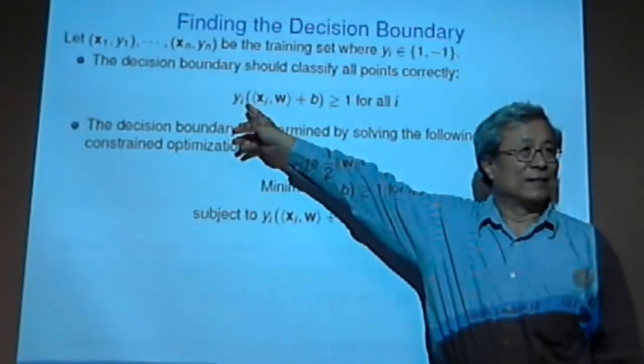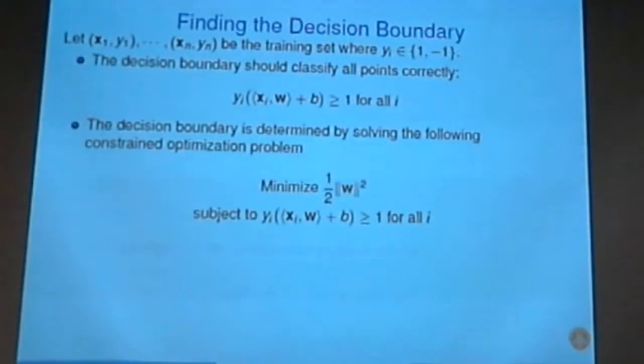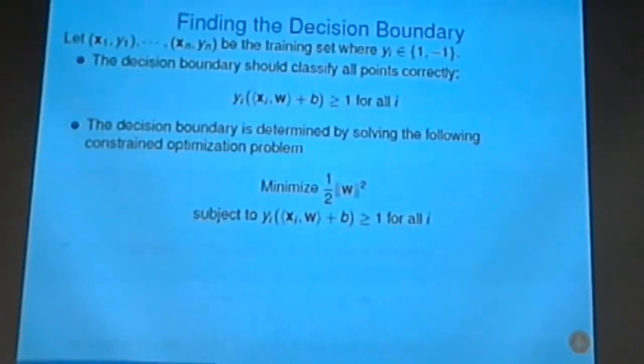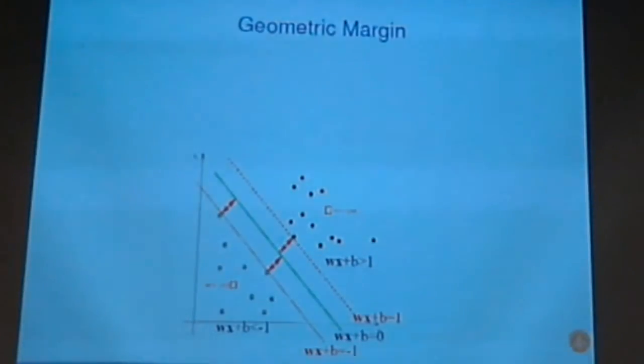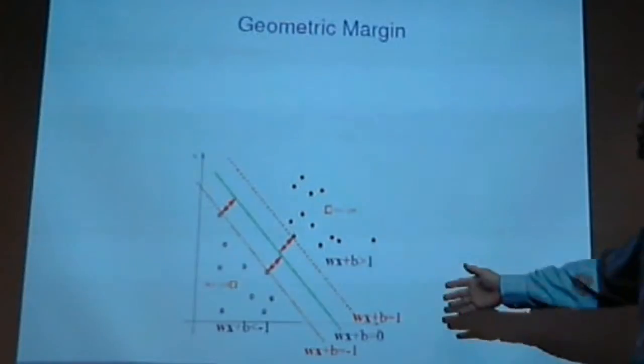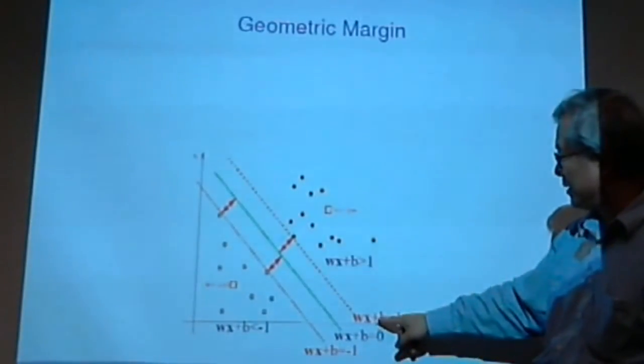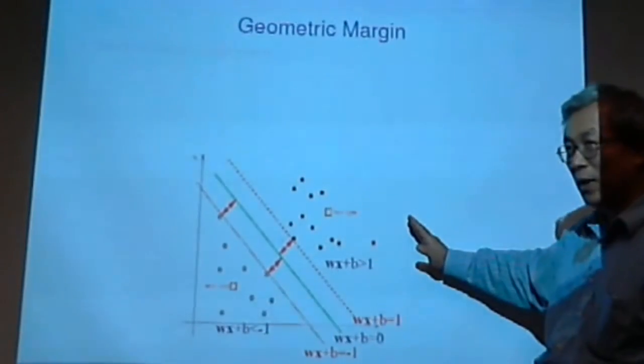Does it make sense or not? It's from that slide we saw before. In this slide, we already talked about that. Here, this is the boundary on this line. Here we have w transpose x plus b equal to 1, and greater than 1 here.